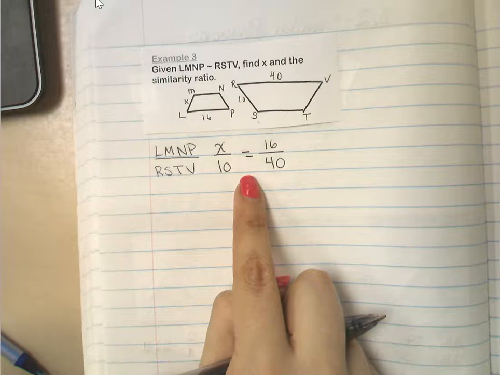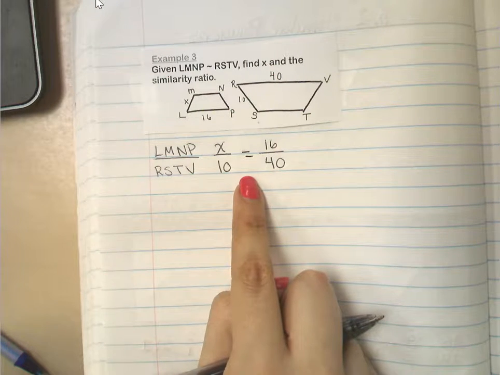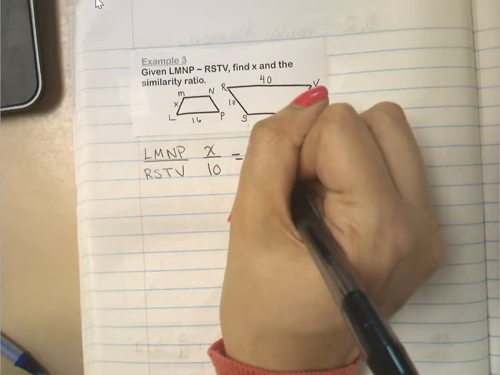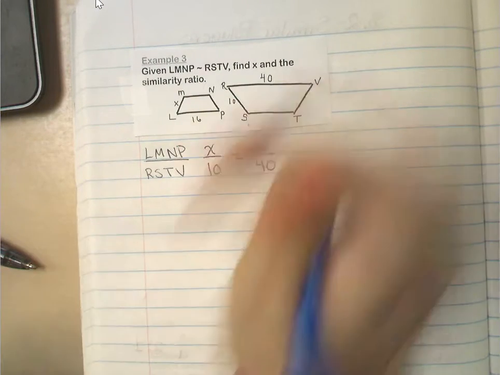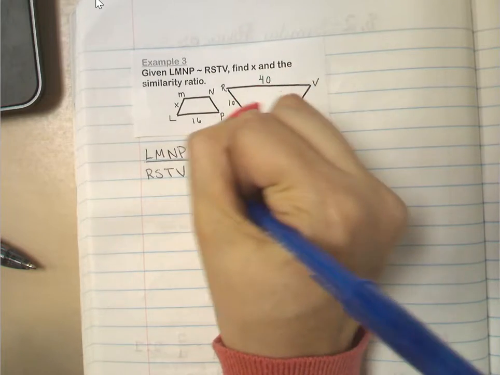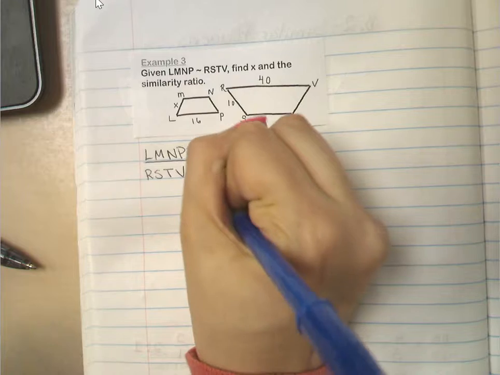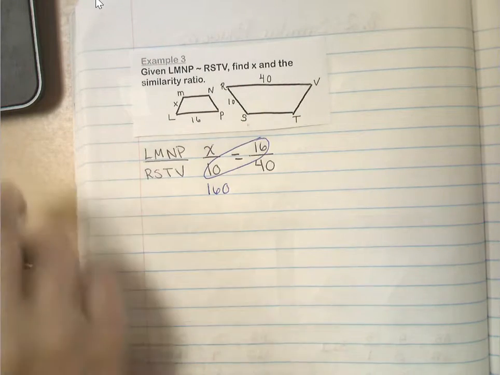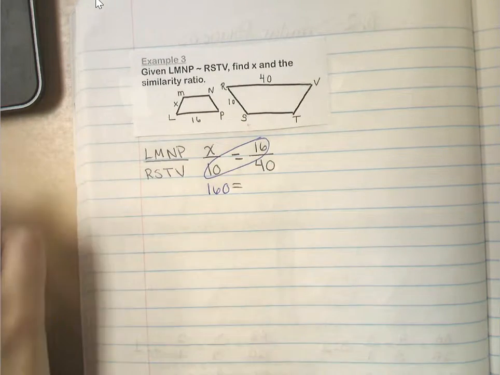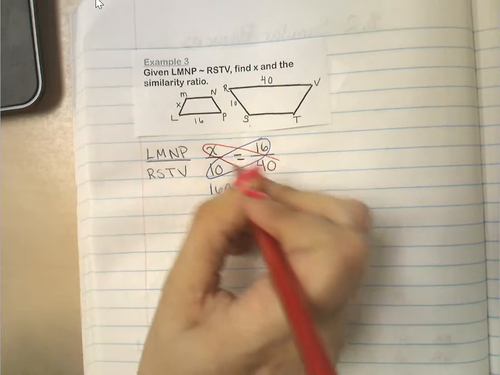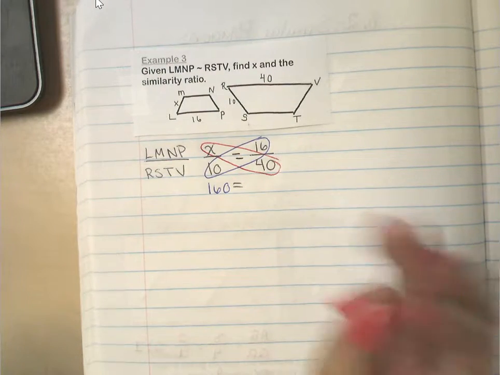And so now I just have to solve this proportion, get x by itself. So we go back to our cross products property. I'm going to multiply my diagonals. So first I'm going to do 10 times 16, which is 160. That should equal my second diagonal, x times 40.